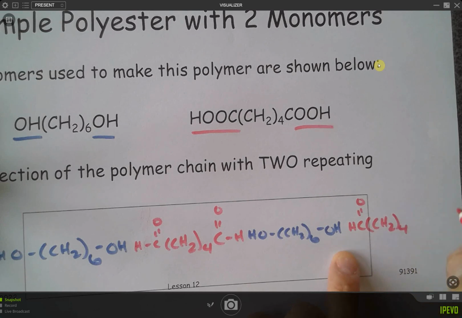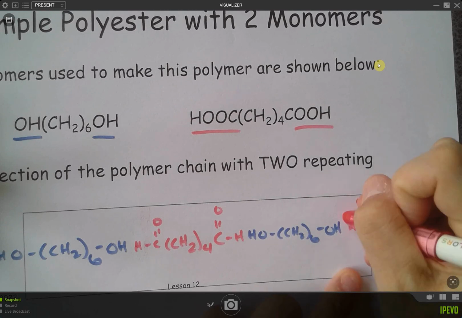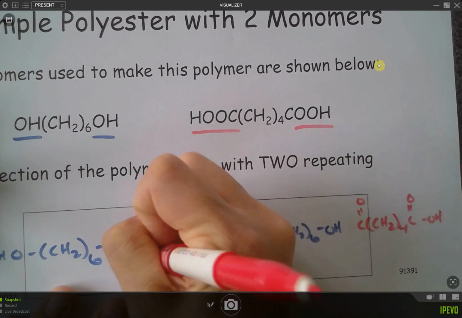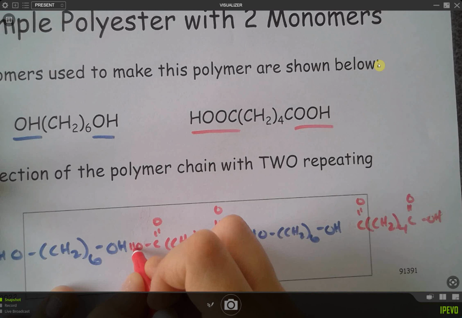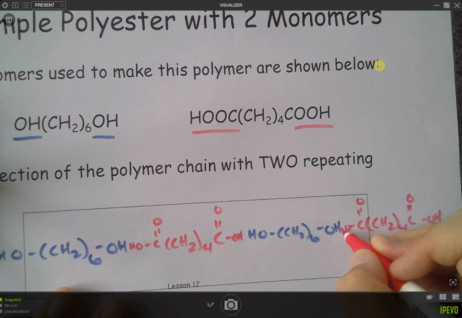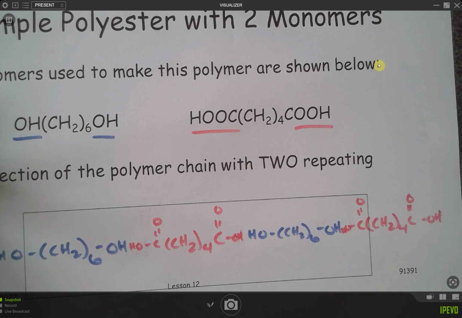And that should be OH. Forgot the oxygens in those guys. Small little typo we need to fix. They're going to be a little bit squished together. That's okay. All right. Are we okay with that so far?